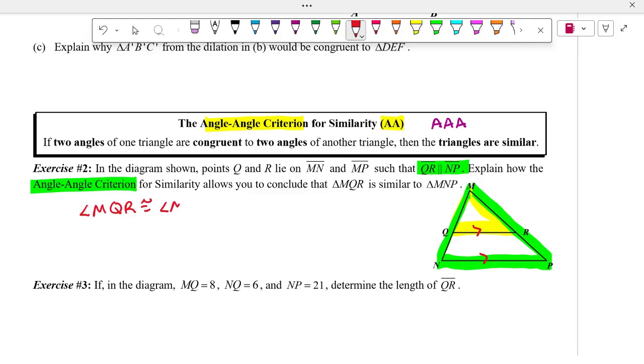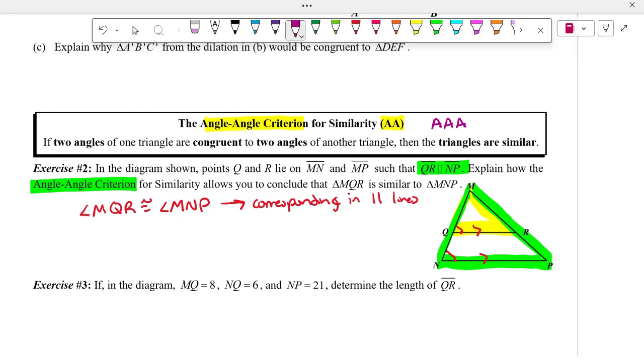So we're saying that these 2 angles are congruent. Why? They're corresponding. And we know that corresponding angles in parallel lines are congruent.